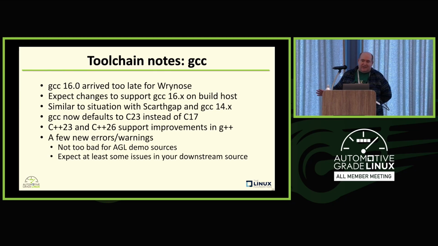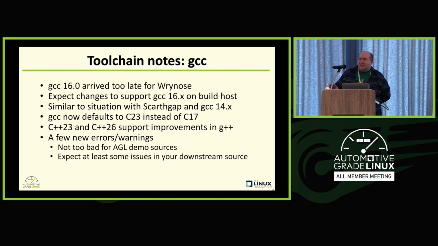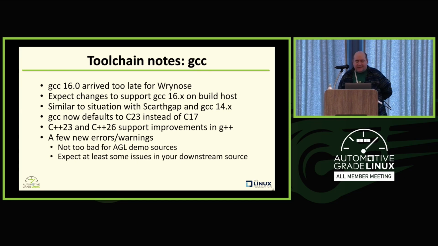It's almost always the case that something needs to be fixed, probably if you're running Debian Unstable or Fedora. With these bleeding-edge distros, the LTS for the Yocto project eventually stumbles upon something, very similar to Scarthgap and GCC 14.